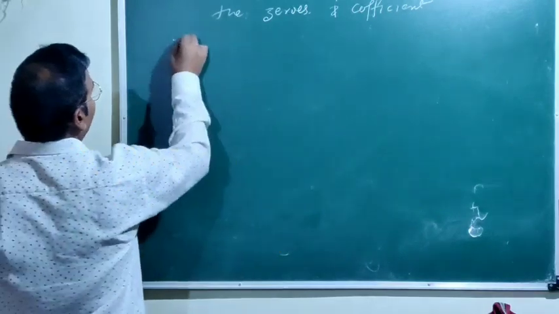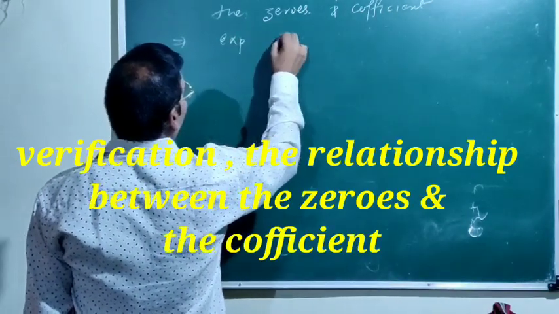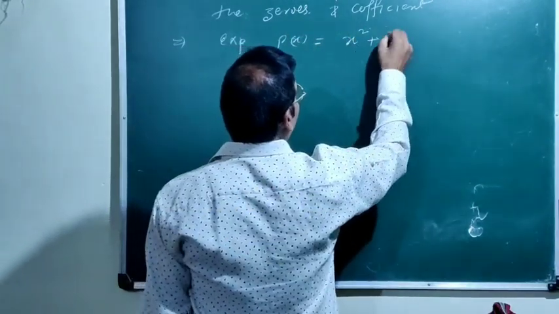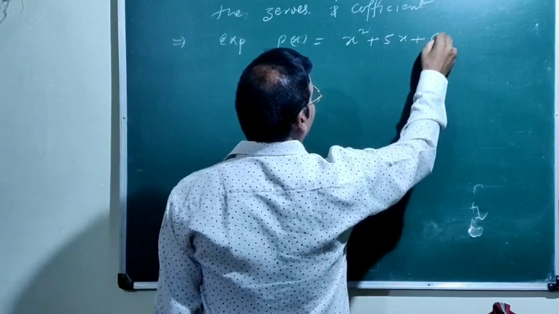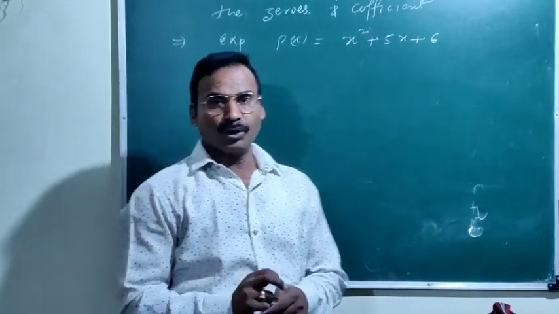Let me take one example: p(x) equals x square plus 5x plus 6. First you find the zeros of the polynomial.